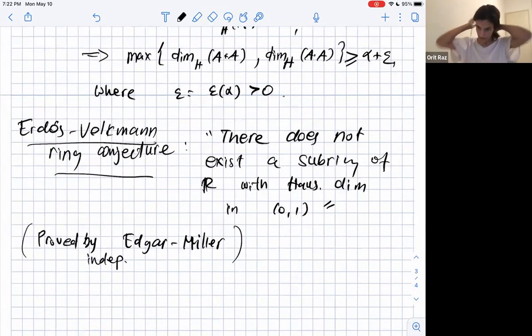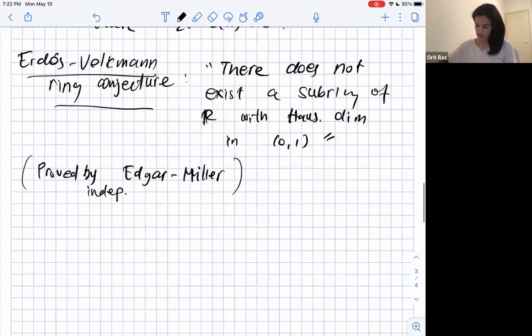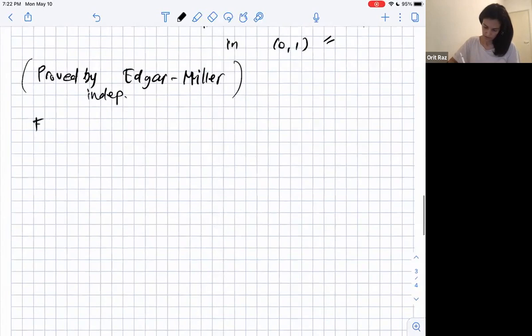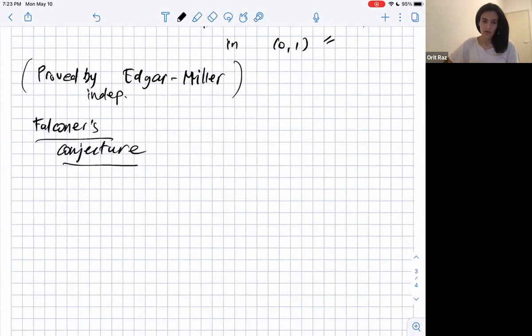Okay, and another related conjecture, just to show you that this works in the infinite setup. So Falconer's conjecture says the following.